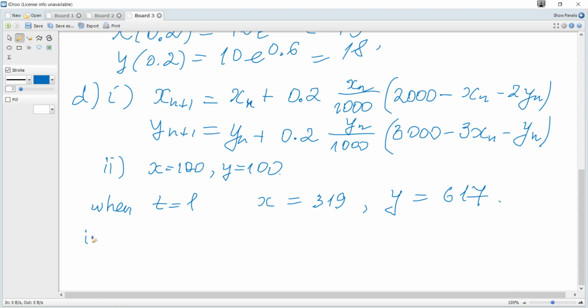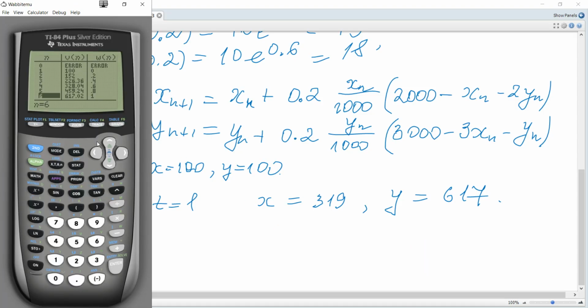The next: use further iterations of Euler's method to find the long-term population for each species of squirrels from these initial values. So you may use a table, but it's more useful to use a graph. But for a graph we need a window, and n is the number of points, but I know what the limits should be from the next question.